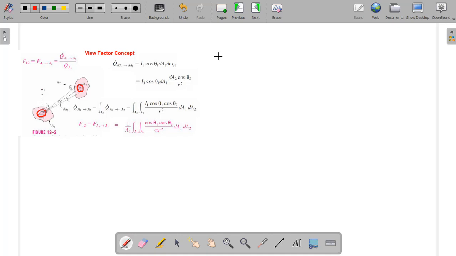We are interested to find Q1 to 2, and remember the unit of Q1 to 2: we want to find it in watts. So it is the rate of radiation emission that emits from 1 and strikes A2.